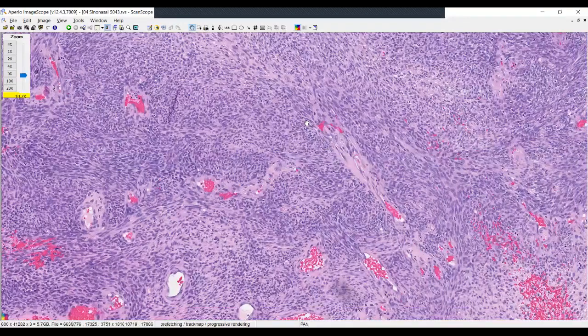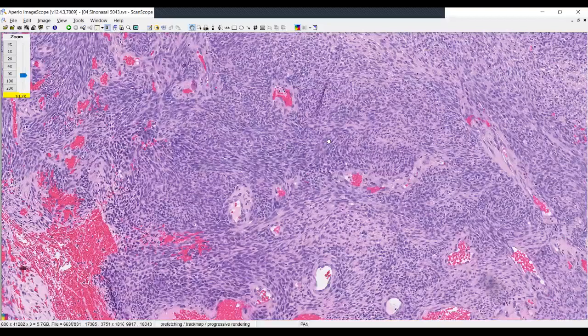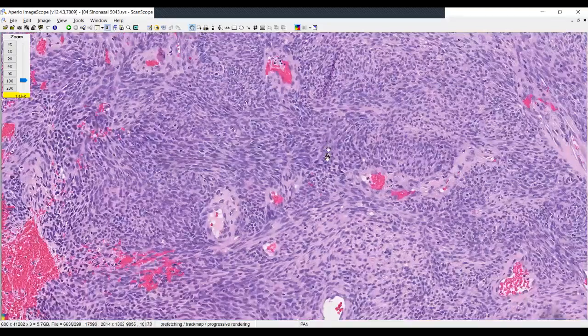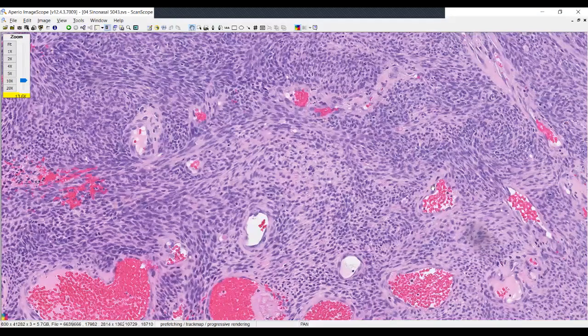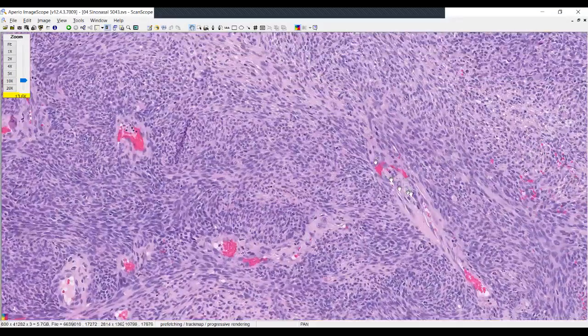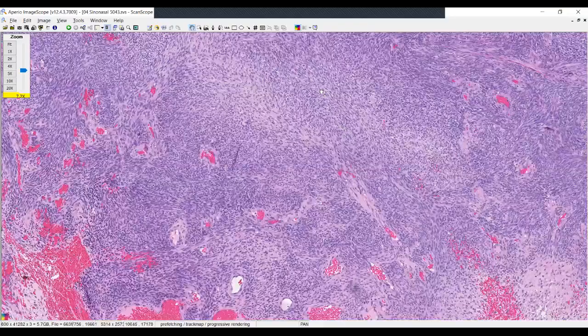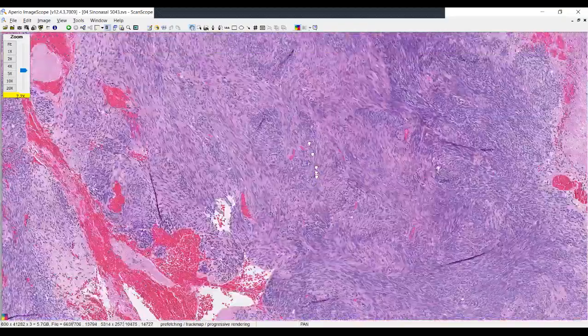I think that you can tell there is a vague monotony to this. So when I think about tumors in this case, I always try to get an idea of, is there pleomorphism or monotony? Even though it is quite cellular in this example, there is still an overall monotony to the cellular proliferation. There are several vessels present in the background, but I don't really see any well-developed peritheliomatous hyalinization in this case.